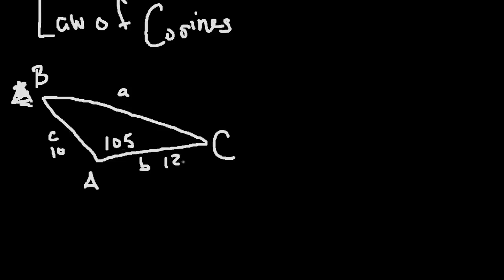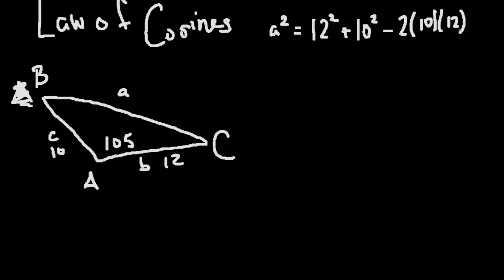We will start off by looking for side A, since we have side, angle, side and we're missing side A. So a squared equals b squared plus c squared minus 2 times 10 times 12 times the cosine of 105.